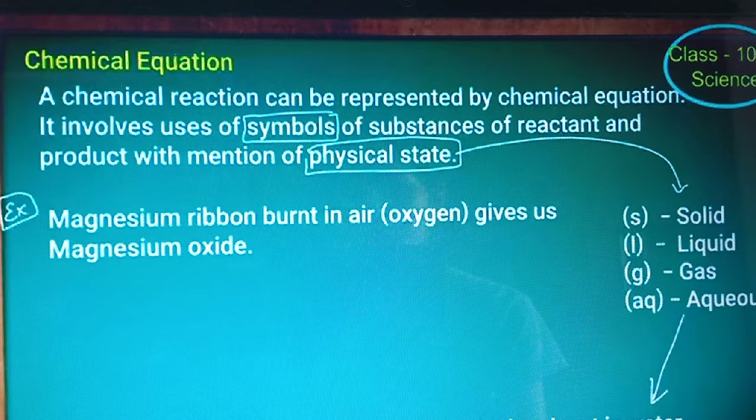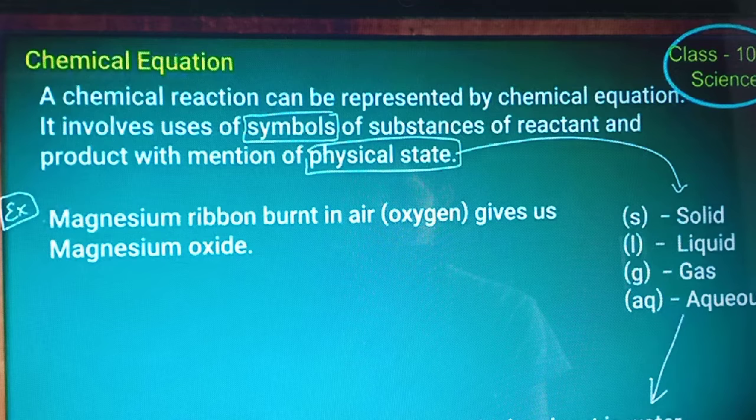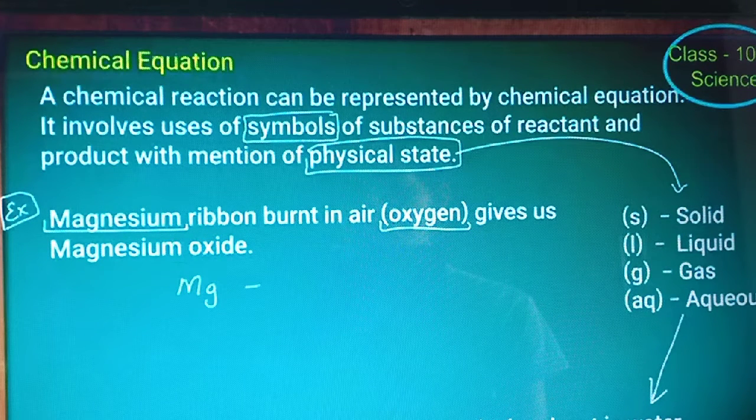Let's take one example by which you can easily understand. Magnesium ribbon burnt in air, means with oxygen, gives us magnesium oxide. Here magnesium ribbon means Mg, which reacts with oxygen. The magnesium is in solid form, whereas the oxygen is gaseous. Both react with each other, so we can describe it by the symbolic method.